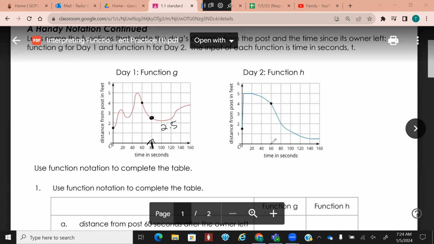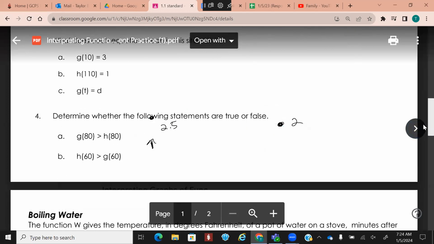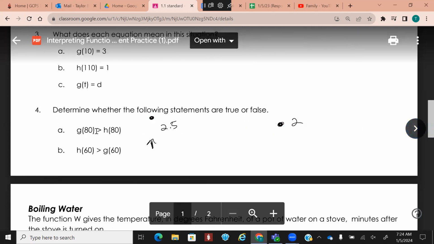Now, if we look at when h is 80, what's our y value? 2. So which one's bigger, 2.5 or 2? 2.5. So the alligator mouth has to be facing towards the g of 80. Is that what's happening here? Yeah, so that's going to be a true statement. So we're going to say true.